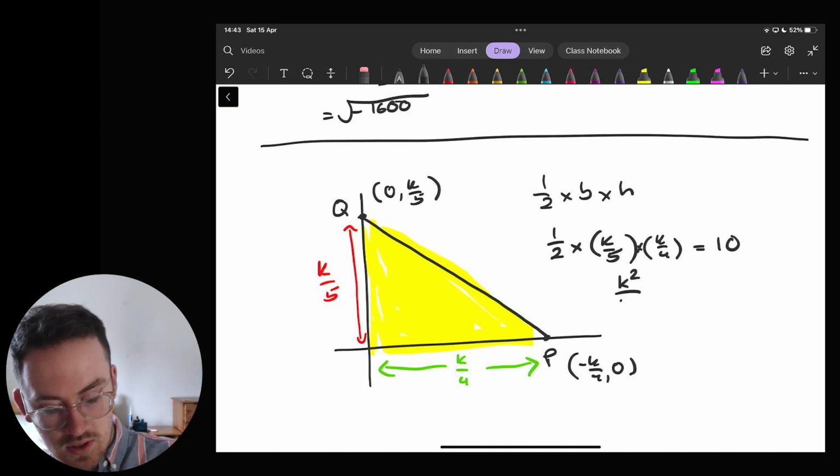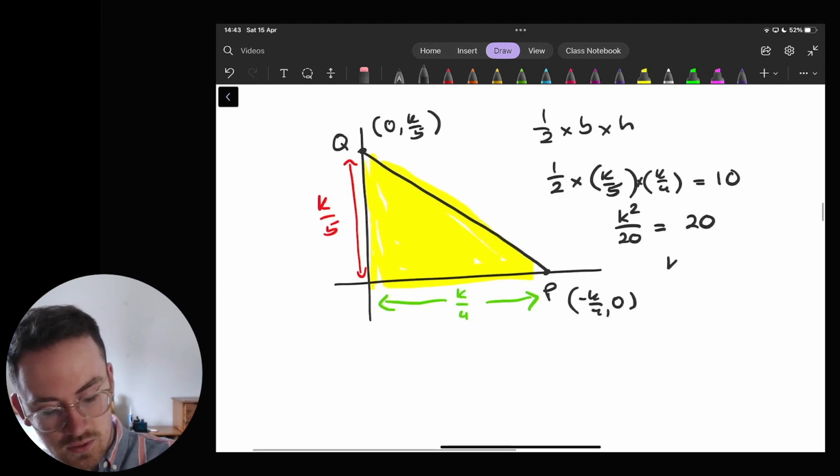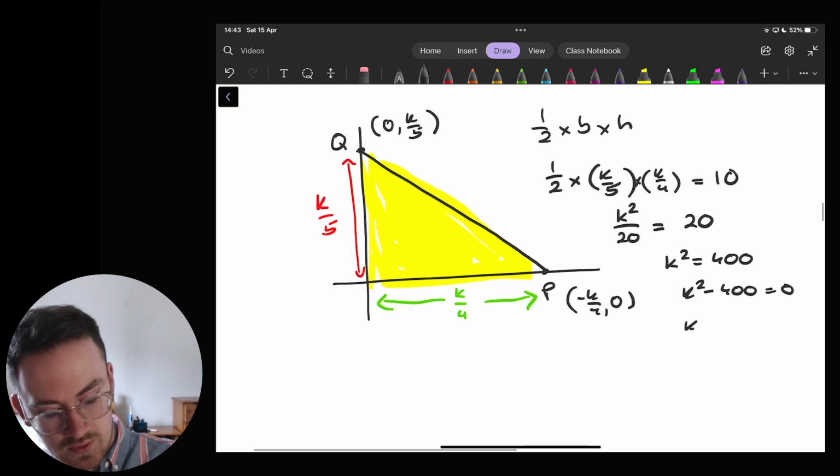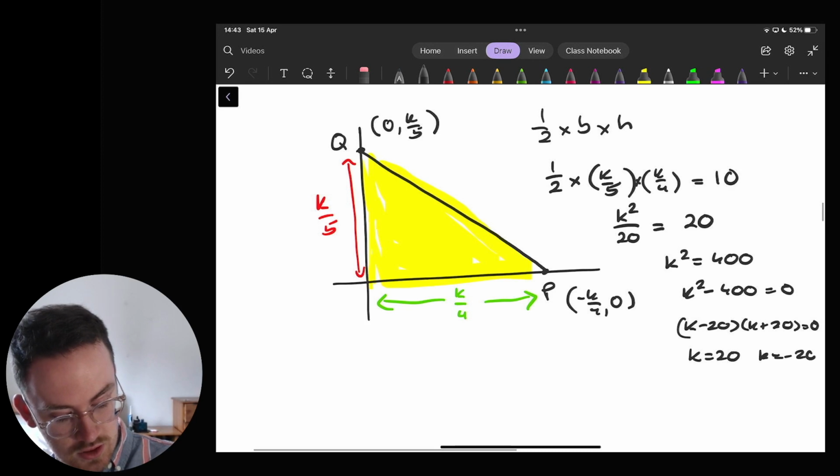So k squared over 20 is going to be equal to 20. So k squared is 400, and we're ending up at the same point that we had already. k minus 20, k plus 20 equals 0, so k is equal to 20, or k is equal to minus 20.